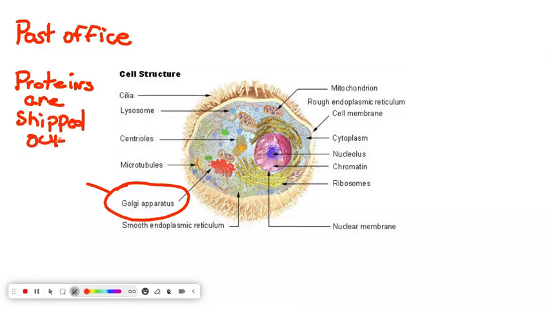Sometimes they'll be shipped out to organelles within the cell, and sometimes outside the cell. So think of it as the post office, the shipping center. By the way, with the ER also in that manufacturing district, the proteins are folded. Proteins have to be folded, so when they leave the ribosomes, they are folded in the ER.